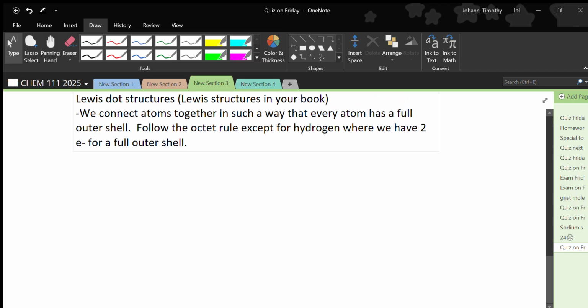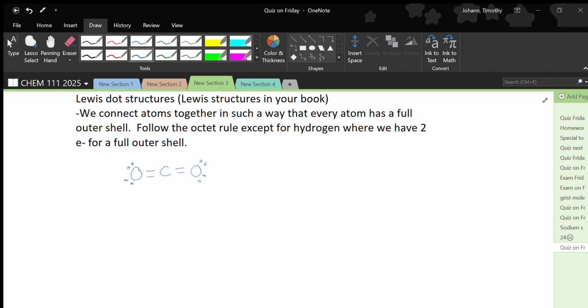All right, I'm going to give you a couple examples and then we'll go into the method we're going to use to do this. So we've talked about carbon dioxide before, right? I have a ton of these just memorized. I don't even need to use the method because I've been doing chemistry for 30 plus years. But here, this is what the Lewis dot structure for carbon dioxide looks like. To see whether this is a good Lewis dot structure or not, I'm going to count up how many electrons are around each atom.